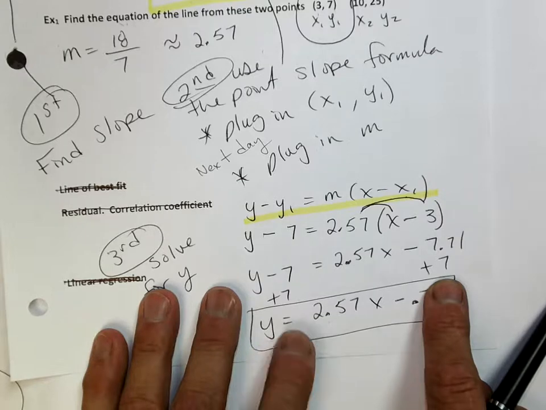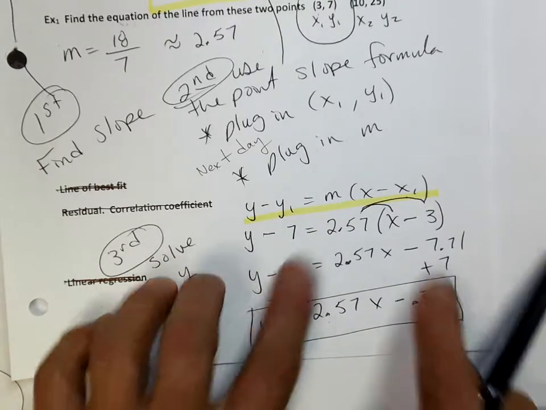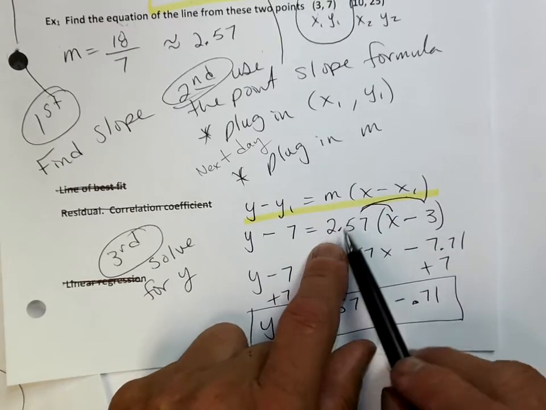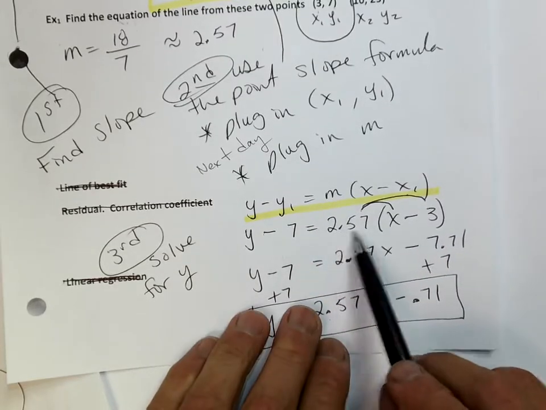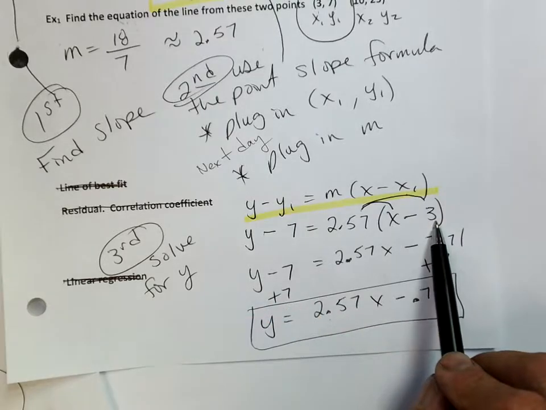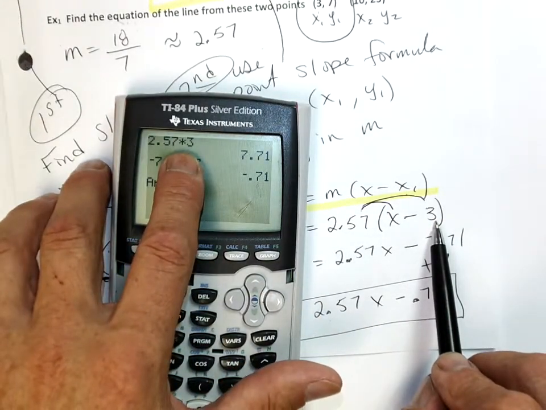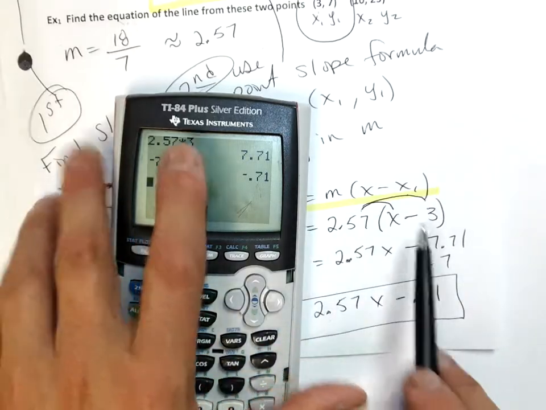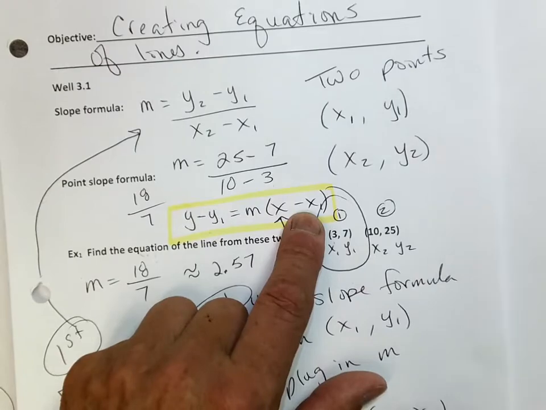No, how did you get from x minus 3 to negative 7 times 7? That's what I'm asking. Oh, here? Yeah. Oh, I distributed. I went that times that, and that times that. So I went 2.57 times 3, and I just used my calculator. You can see it, 2.57 times 3. Then where do you get the negative? It's in the formula, right? It's in the formula. Okay.